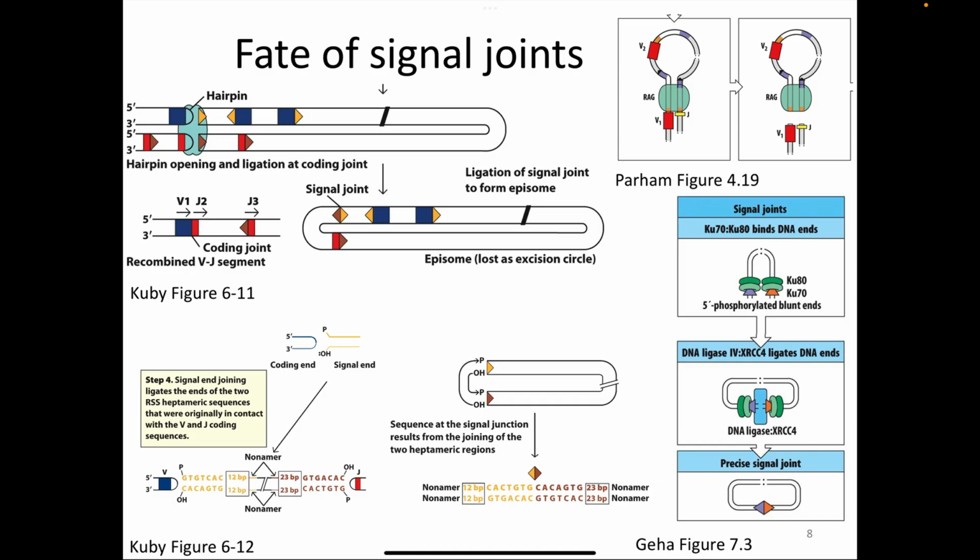And so here you can see rag1 and rag2 are doing this reaction at both the V and the J. So you can see you've got two hairpins and two signal joints. And then that yellow signal joint and that brown signal are just going to get glued together.